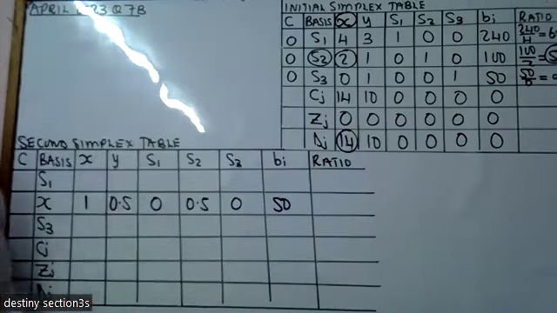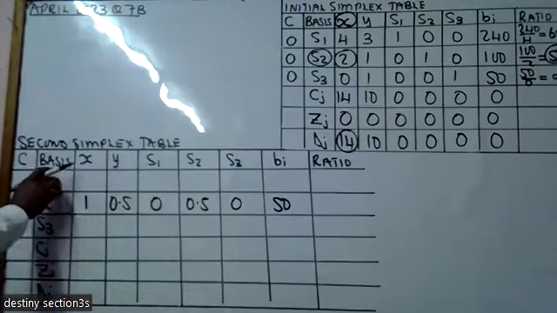So to get the values for the other rows, tutakuja hapa tukianza na hii old row S1.